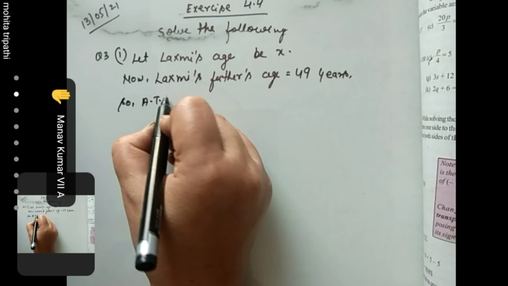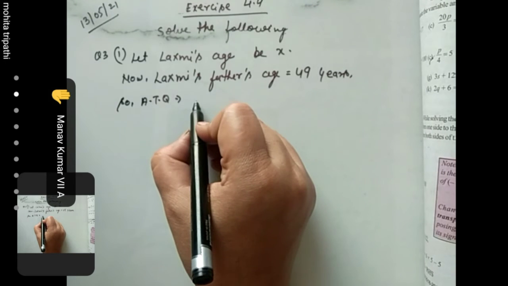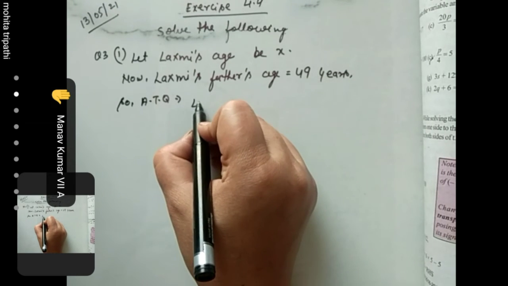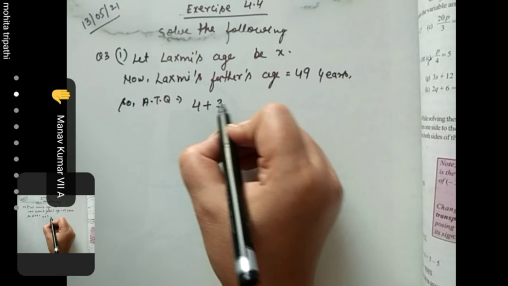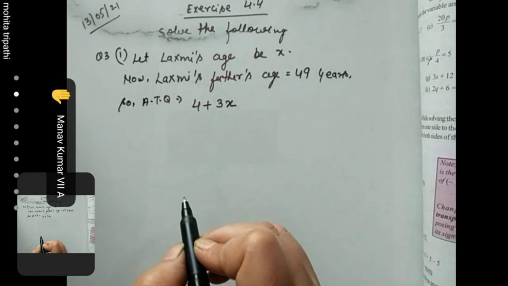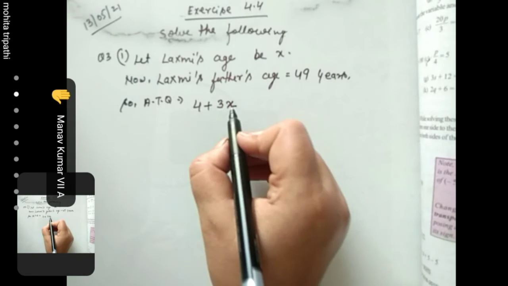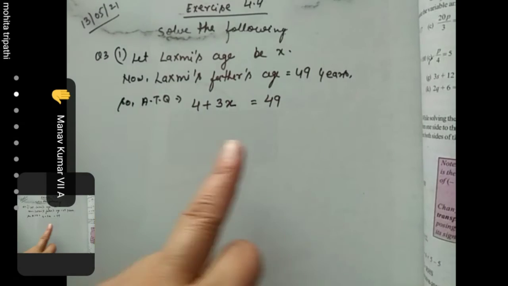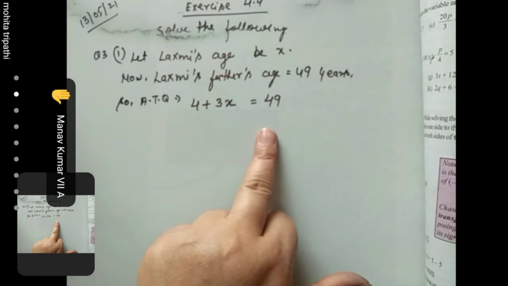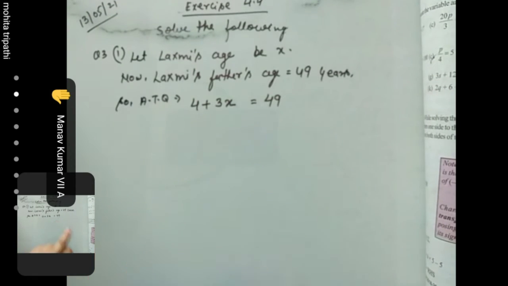According to the question, he is 4 years older than 3 times Lakshmi's age. Father is 4 years older than 3 times Lakshmi's age. Father's age is 49 and he is 4 years older than 3 times Lakshmi's age.